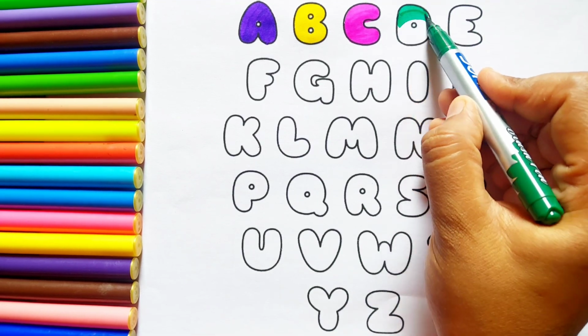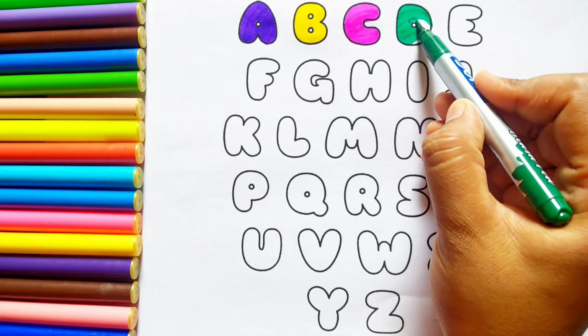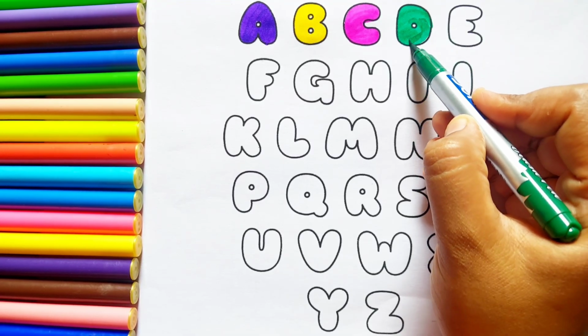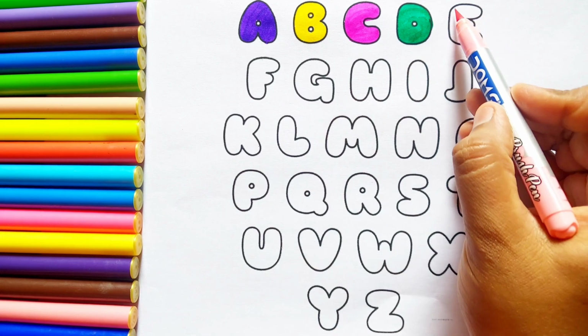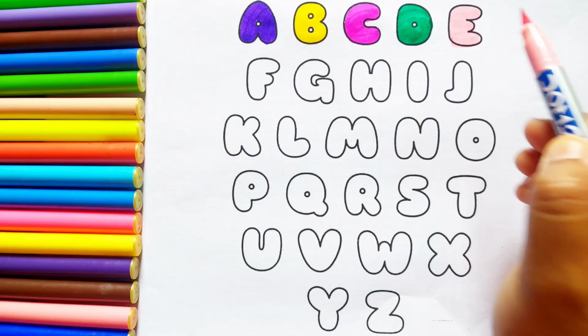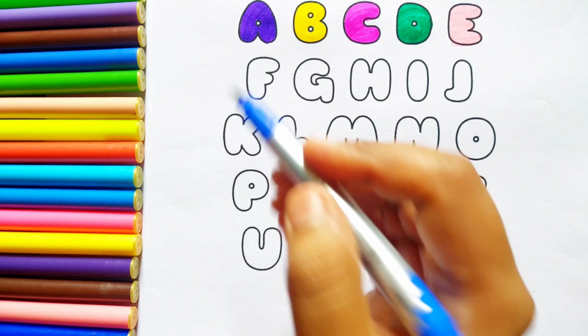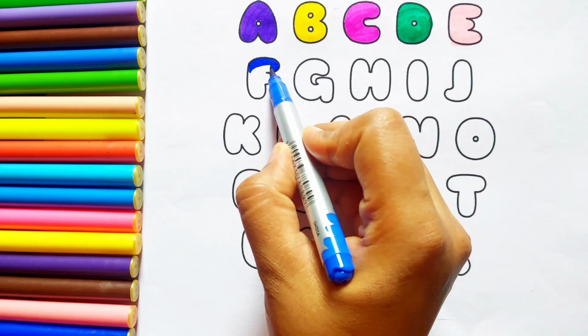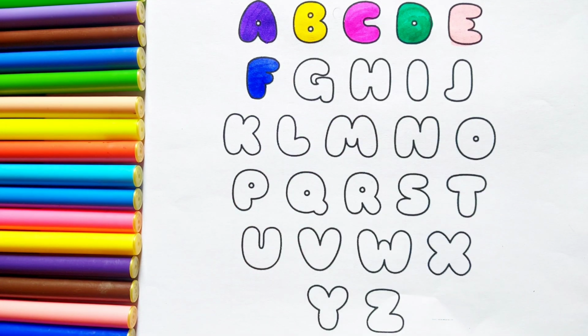D for donut. E for elephant. F for fish.